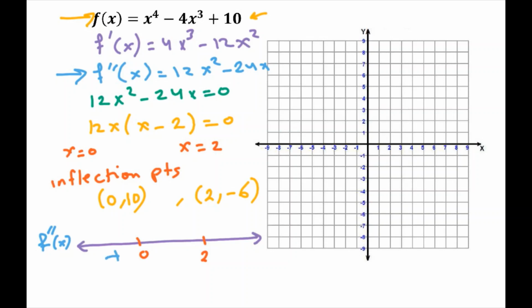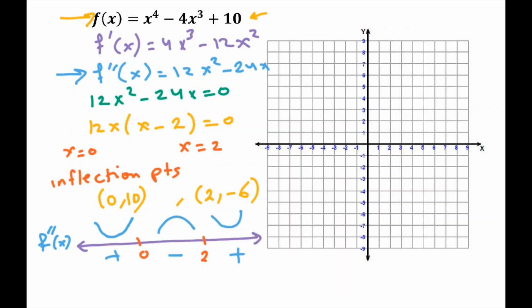From 0 to 2, you can take 1, so f double prime of 1 gives negative. You can try anything after 2, like 5, 10, 100, and substitute it in f double prime, you will get positive. So what does that mean? If the second derivative is positive, then the function is concave up. If it is negative, concave down.